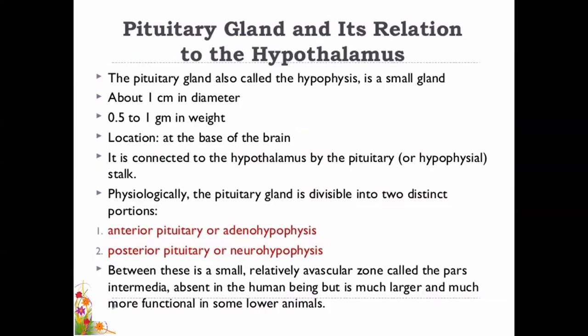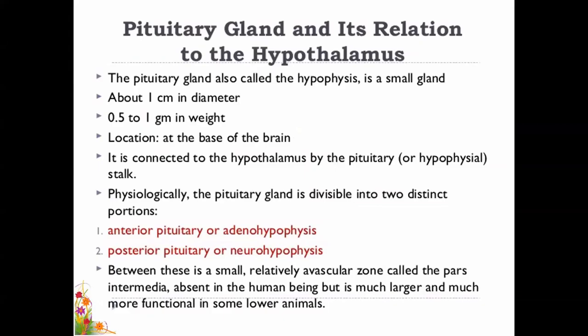It is located on the base, and there are two types: the anterior pituitary gland and posterior pituitary gland. We studied all these things in the last class, I'm just repeating. Between the anterior and posterior pituitary glands, there's a relatively avascular zone that is called pars intermedia.